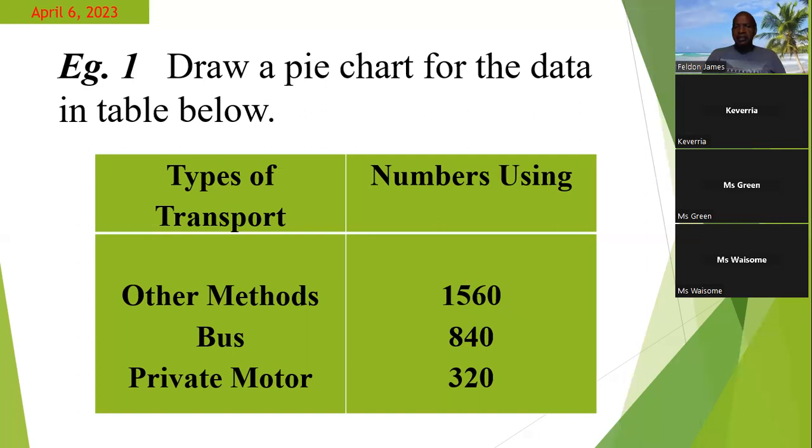data. So in this table, you notice that the type of data is about transportation. And the table specifies 3 types of transportation. So you have other methods, you have bus, you have private motor.